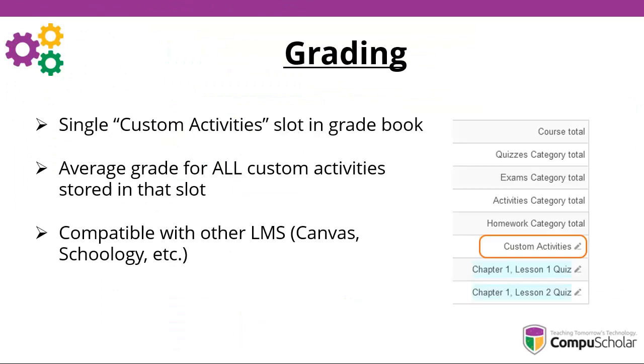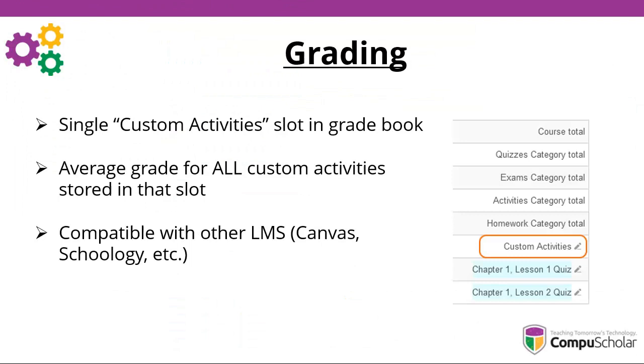In courses that do have the custom activities link, you should see a single custom activities slot in your gradebook, and that custom activity slot will reflect the average grade that students get on all of the custom activities that you have created for the course. So you might create 5 or 10 different custom activities. All of those grades will get averaged together and they will be represented as a single grade in the gradebook.